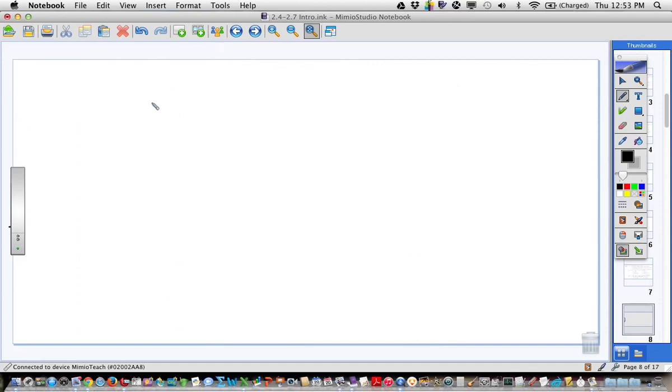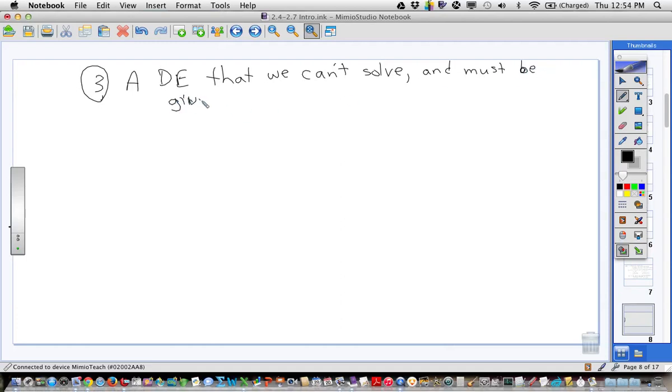All right, here's the third type. The third type of differential equation we'll have is a differential equation that we can't solve and must be given the solution.